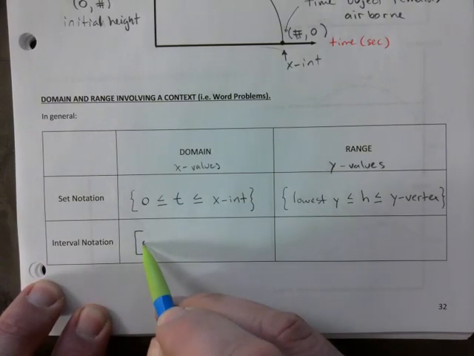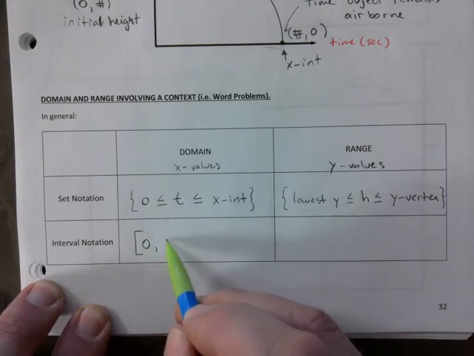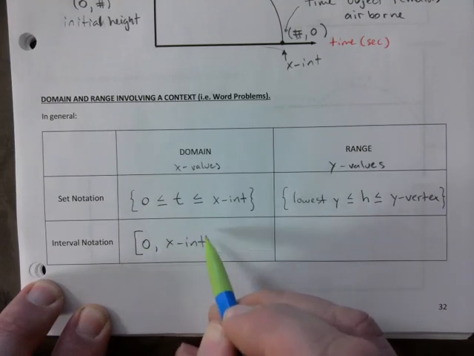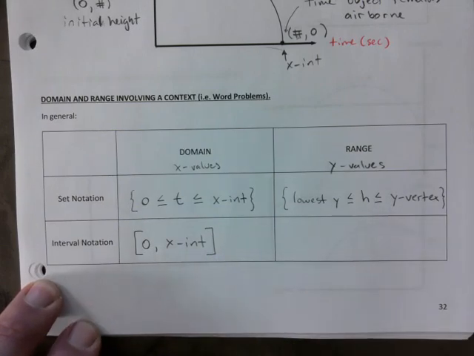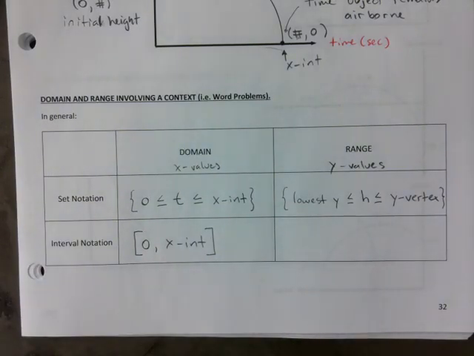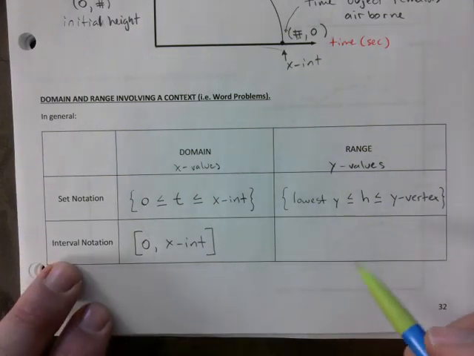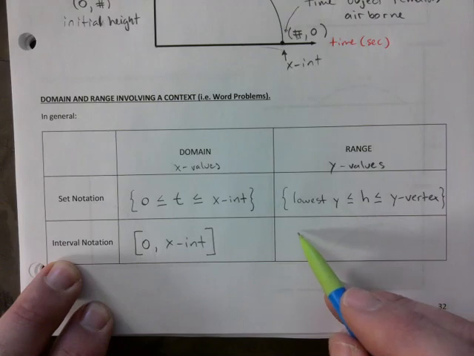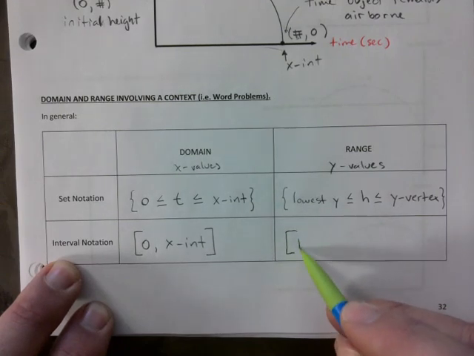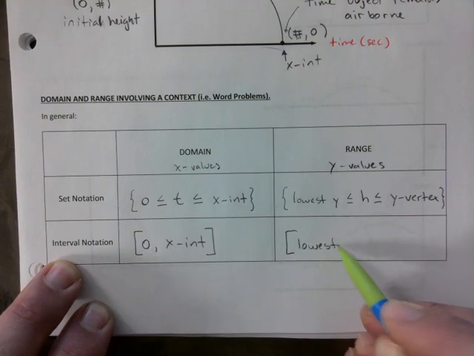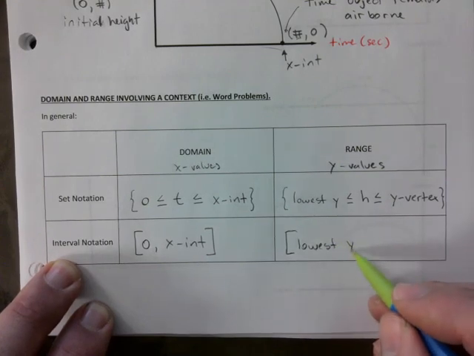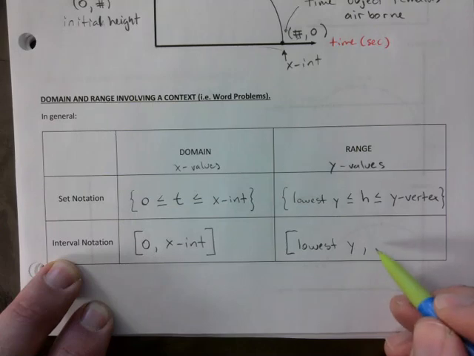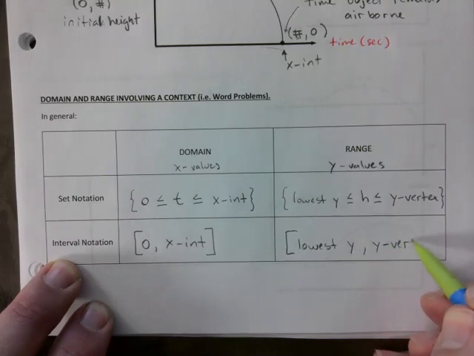In this case, you would go from 0 to whatever your x-intercept is, and most of the time we're going to use square brackets. It's going to be included. For the range, you would go lowest y and the y of the vertex.